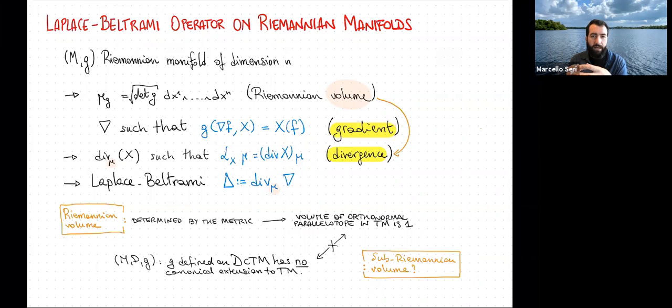And it's something that lives in the tangent bundle, but we are going to live in a subspace there. And yet we know that things can move everywhere in the tangent bundle. So this is going to create problems for us. We don't have a very nice structure on the tangent bundle. And we know that to define the Laplace-Beltrami operator, we need a volume because the divergence is defined in terms of a volume.